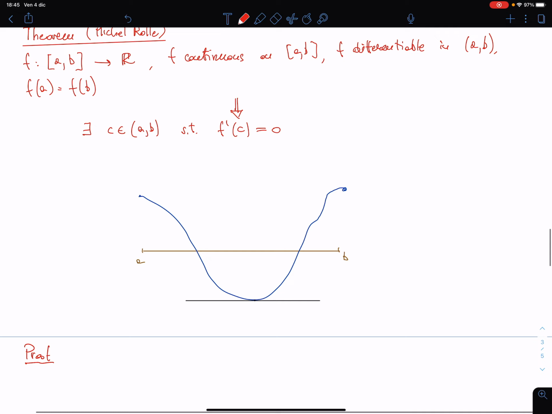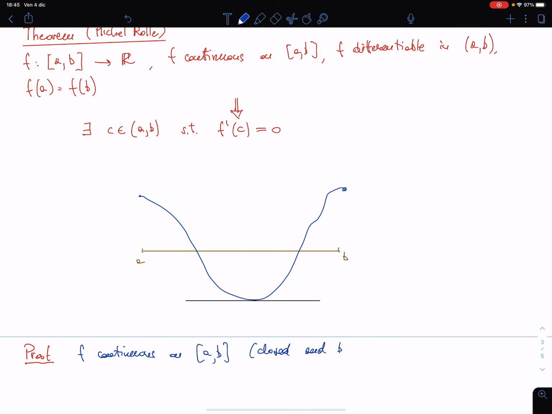The first thing that one has to observe is that since f is continuous on [a,b], which is closed and bounded, by the Weierstrass theorem, it follows that there exists an absolute maximum point x bar and an absolute minimum point x tilde.